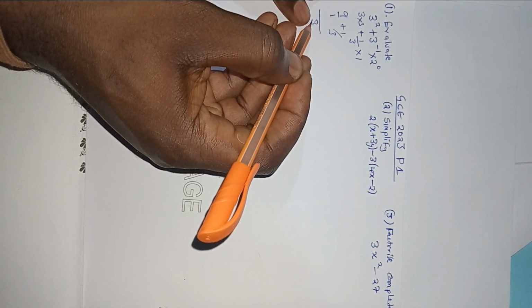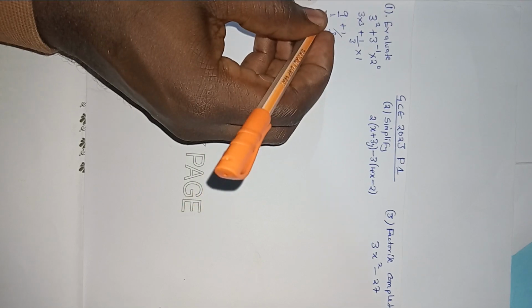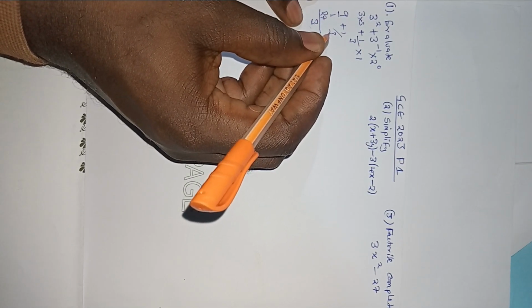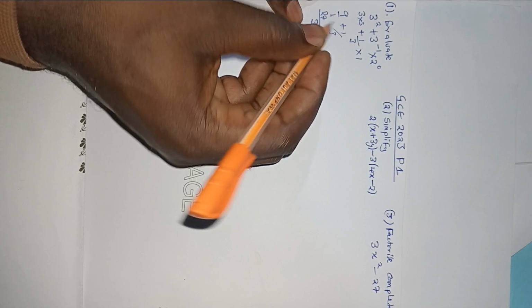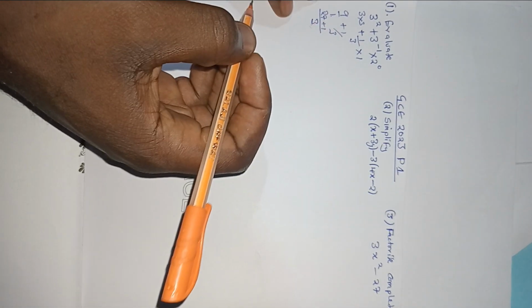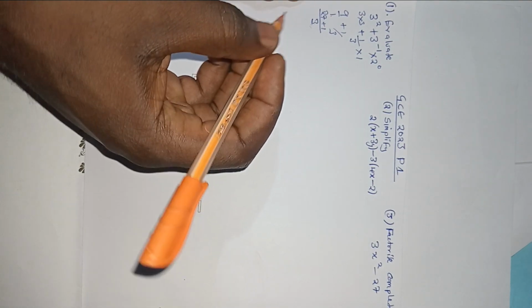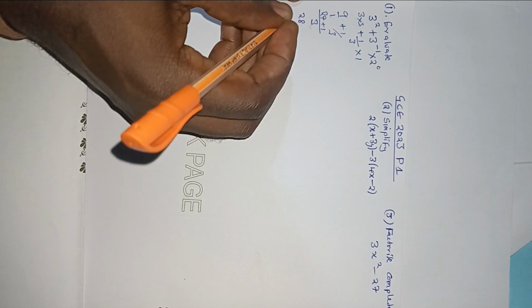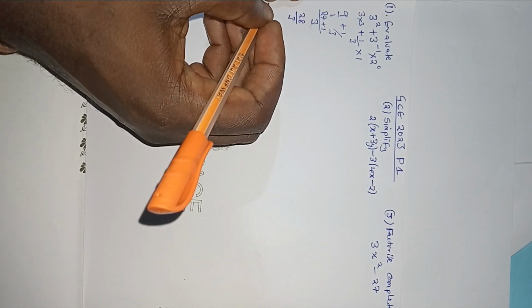So it's 3. 3 multiplied by 9, we are going to get 27. Then again 3 into 3 it's 1, multiplied by 1, we are going to get a 1. So we have plus 1 on top. From there, 27 plus 1, we are going to get 28, which shall be divided by 3.